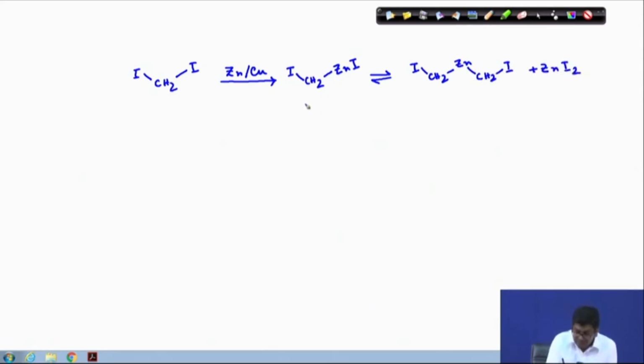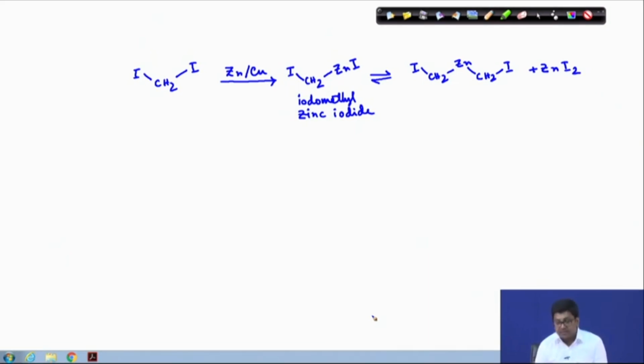Okay. So, this is iodomethyl zinc iodide, and this is bis(iodomethyl) zinc. Okay. Now, this zinc complex will act as the active reagent.